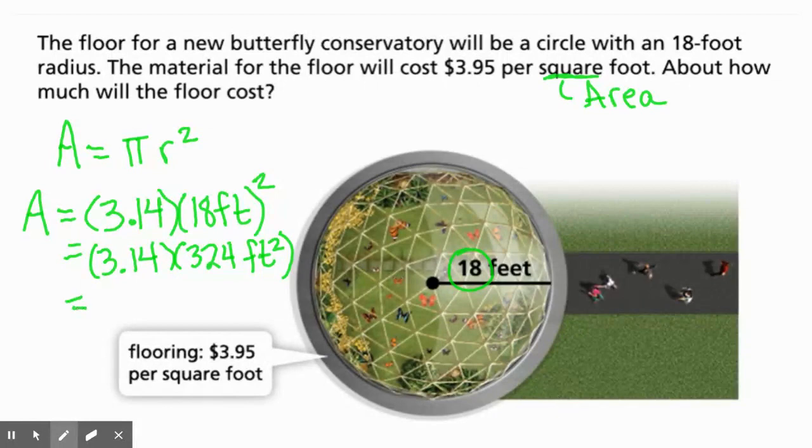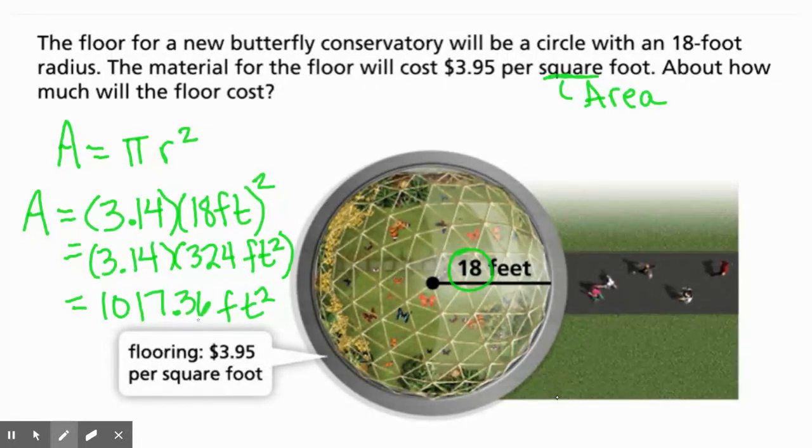Multiply that by 3.14, you get 1,017.36 feet squared. Okay, so that is a more accurate answer. The most accurate answer is 324 pi.